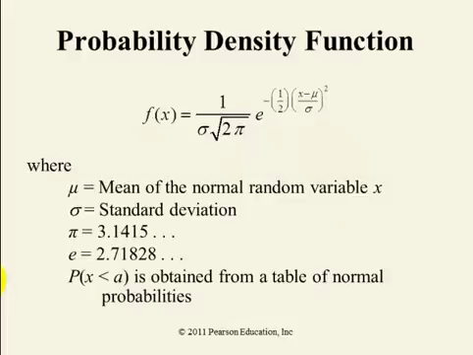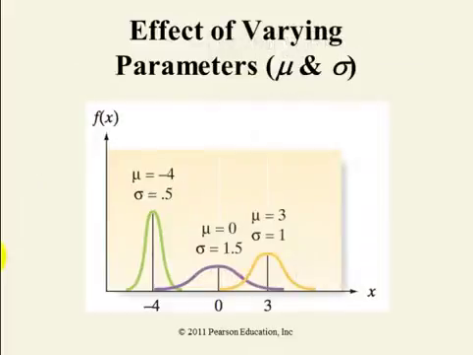This is the formula that creates that curve, but we won't use this formula much. We'll use this Z. We're going to standardize this thing. If you recognize that, that is the formula for finding Z. And then we'll look it up in a table. So if you change the mean, it shifts the curve.